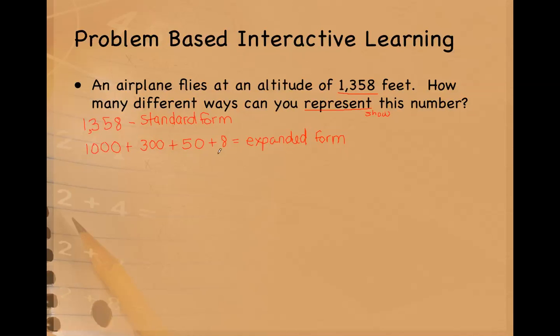Now I can represent this number by just reading it. If I read the number, I can just write it in words. So I'm going to do that. This would be 1,000, and I see the 1,000 right here. Next is 300.